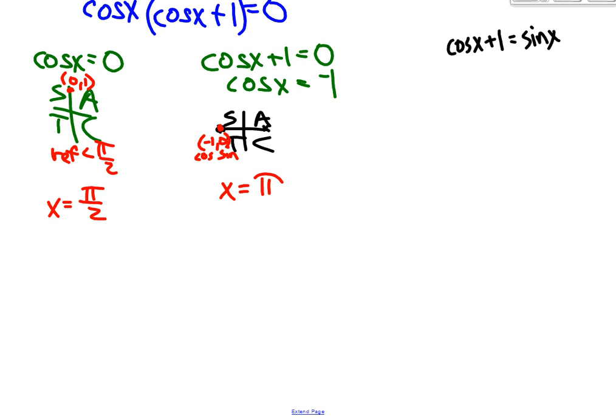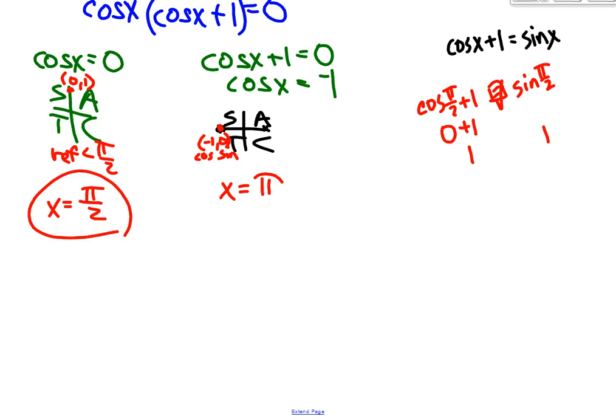So my first check, cosine pi over 2 plus 1, is it equal to the sine of pi over 2? What's the cosine of pi over 2? 0. So I get 0 plus 1 is 1. What's the sine of pi over 2? 1. So that is equal, and it does check. So I'll circle that one because I figured out that one works.